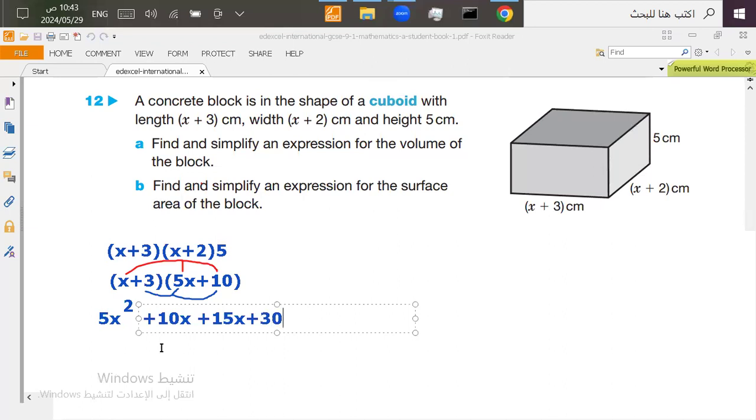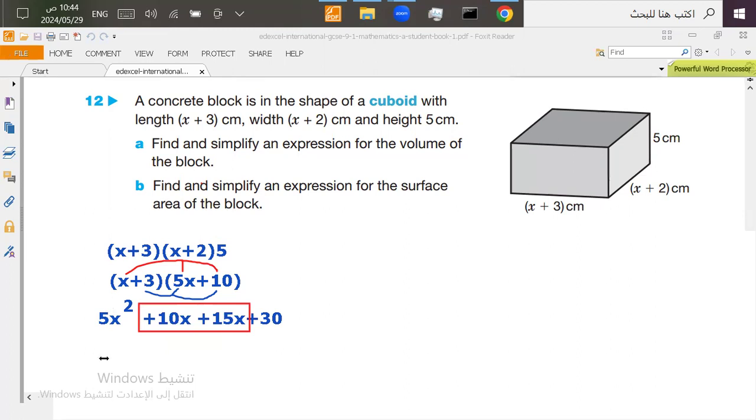Now, we look at the like terms and check which ones are the same so we can simplify them with each other. 5x, 15x and 10x together, they are like terms, so we can add them together.